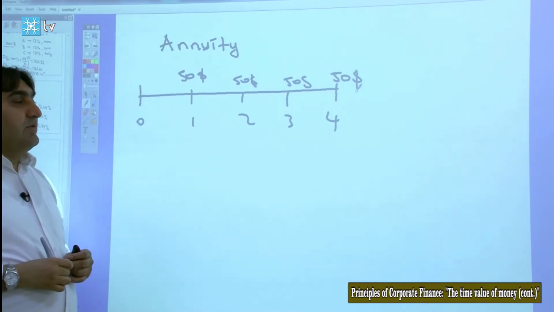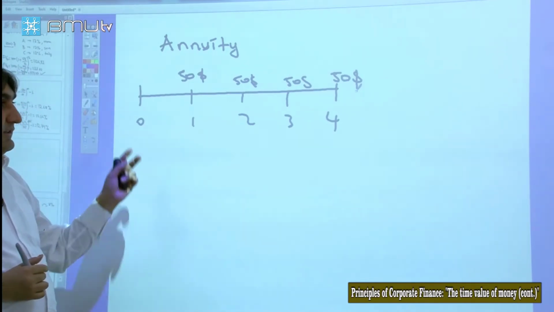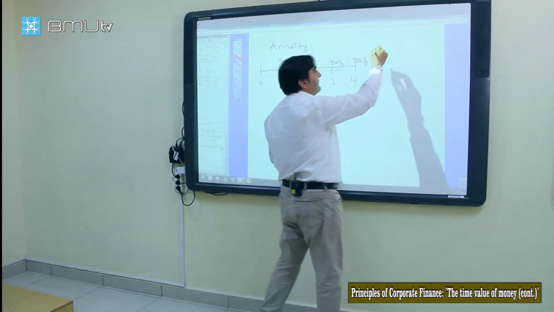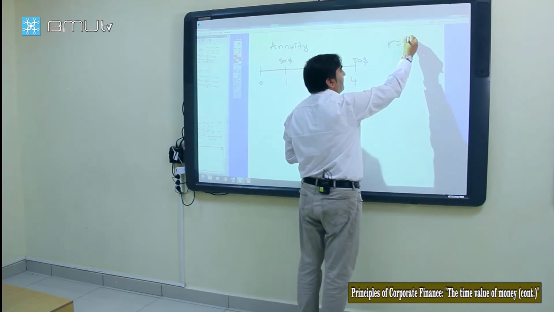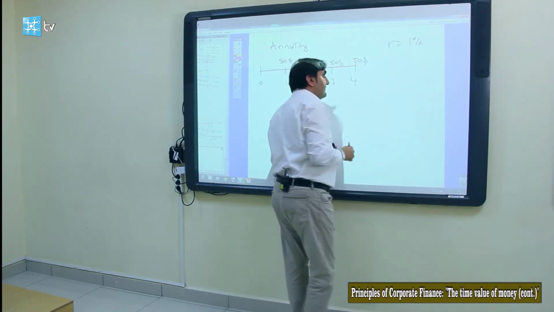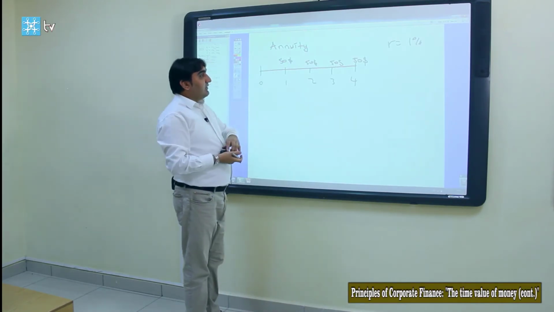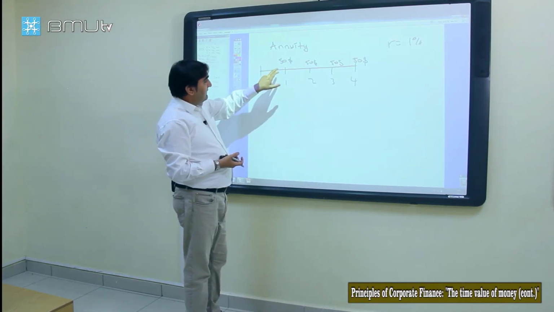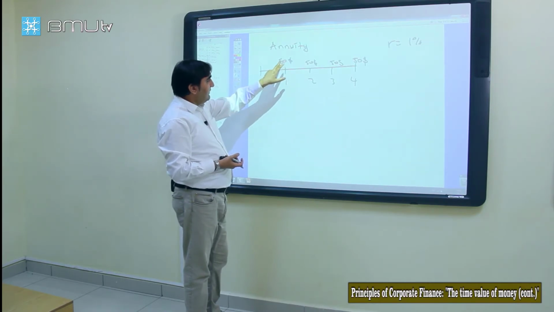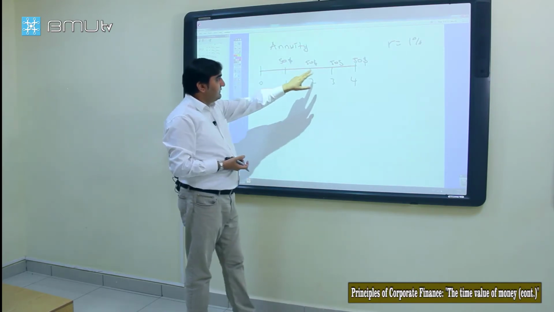So you want to know how much will you have at the end of the 4th month. You get the rate of 1% per month. I put random numbers. So how can we calculate this? We calculate future value of this 50 for 1 to 3 periods.